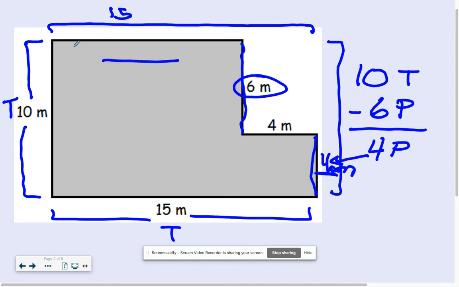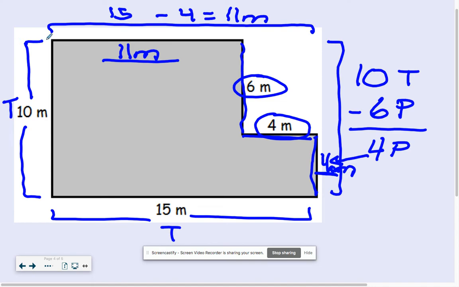Right here, this top portion does not have an amount. So that's what we're trying to solve for. But this one right here says 4 meters. So I get 15 minus 4, and we find out that our missing amount is 11 meters. So this part right here is 11 meters.